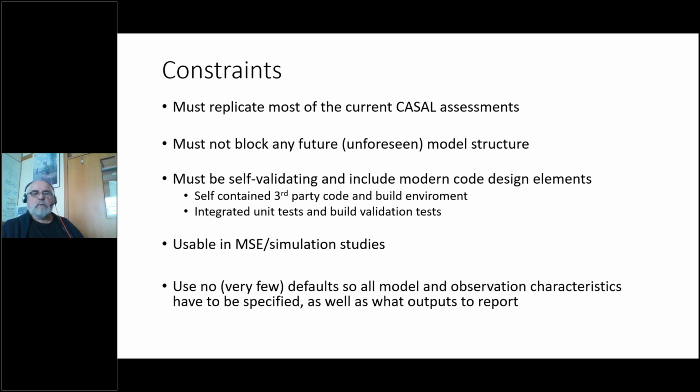And it must be usable for management strategy evaluation simulation studies. Another design choice we did make was we used no or very few defaults. So all model and observation characterizations have to be specified, as well as what outputs to report.